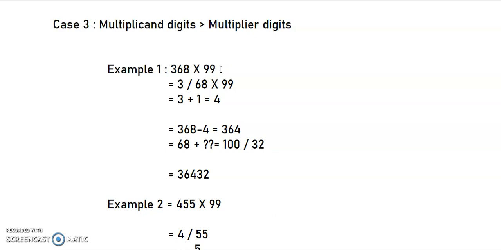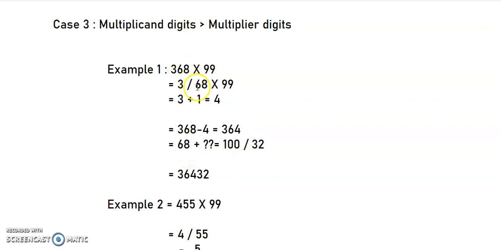Here I am separating the first digit and writing the last digits multiplied by 99. To the first digit alone I am adding 1, so I get 4. This 4 I am subtracting from the main number: 368 minus 4 is 364.